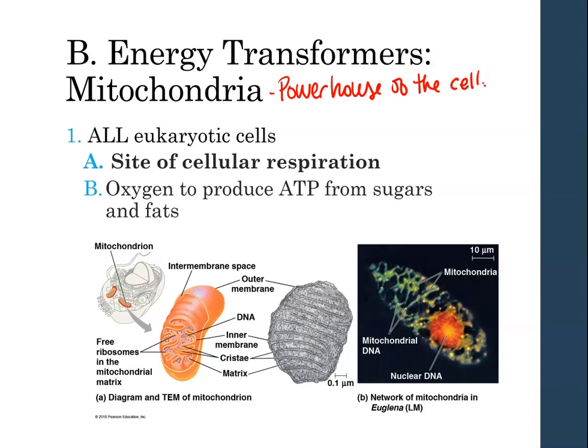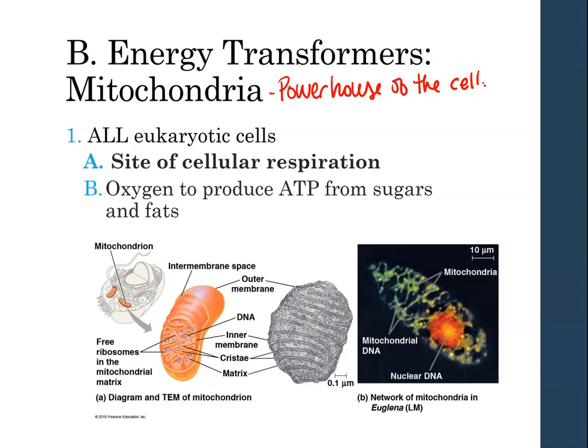And I'm going to tell you that on a test, that's the wrong answer. And what I mean by that, not that it's actually wrong, but I want you to tell me what it actually does. What does it mean to be the powerhouse of the cell? Well, in all eukaryotic cells, that means it is the site of cellular respiration. So cellular respiration is kind of analogous to respiration that you do, which is breathing in and out.